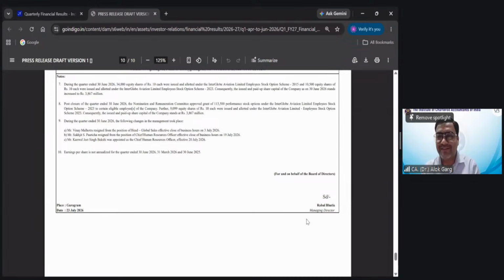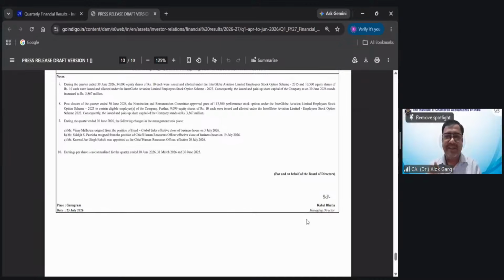This is a financial result. Is that clear? Number two: whether this is as per Ind AS 34 or as per SEBI LODR regulation? This is as per SEBI LODR regulation, right?